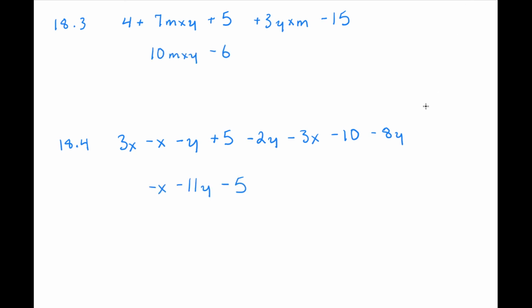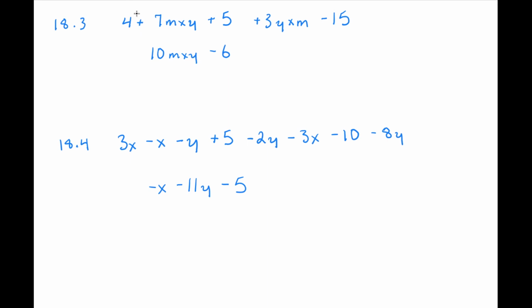All right, if you're ready, number 18.3, we had a 7mxy, and then we had plus 3yxm. Well, those are the same variables, they're just out of order. So we're able to combine the constants, positive 7 and positive 3, to get a positive 10mxy, because they have the same variables.